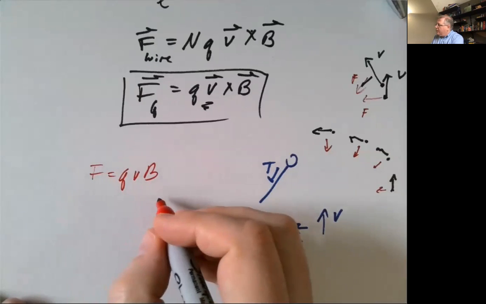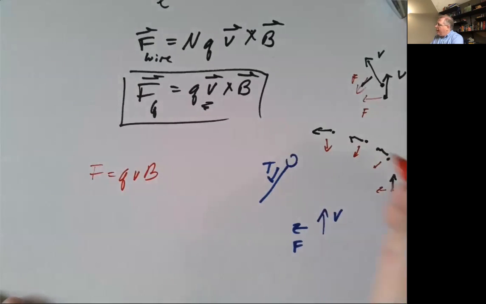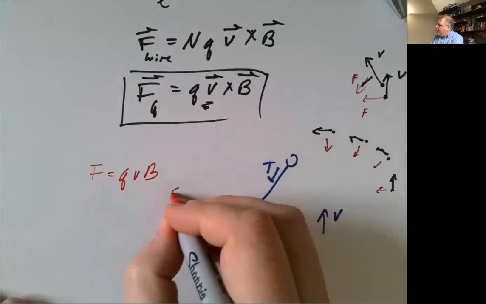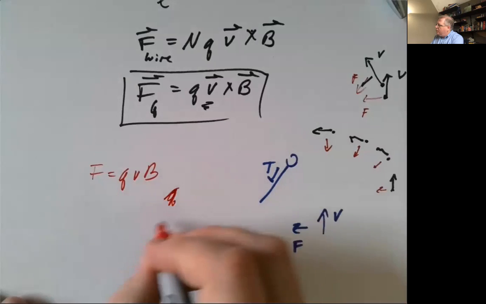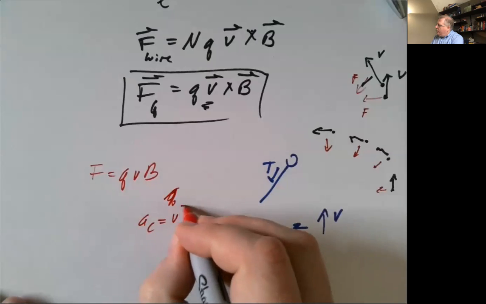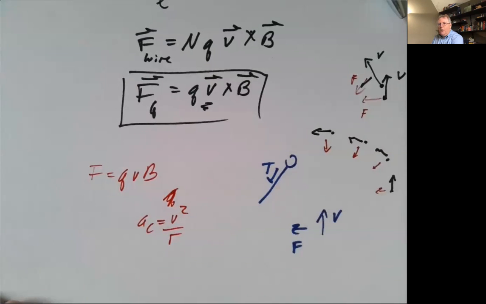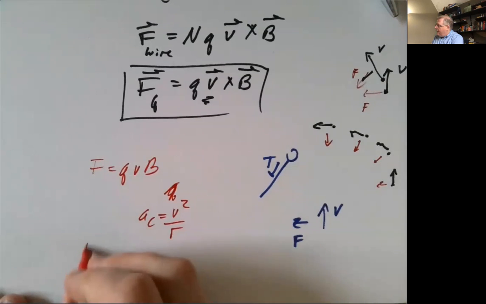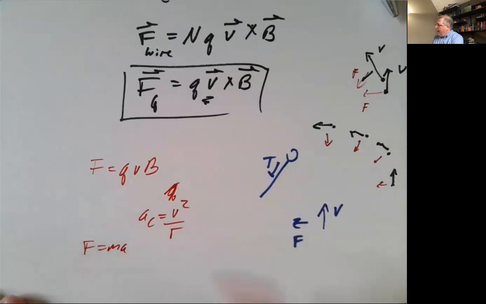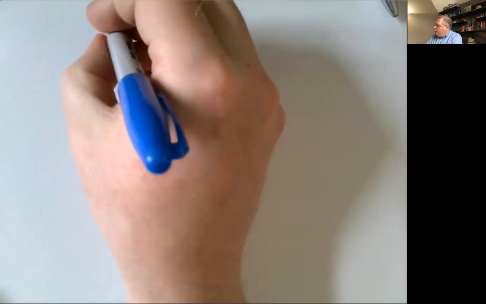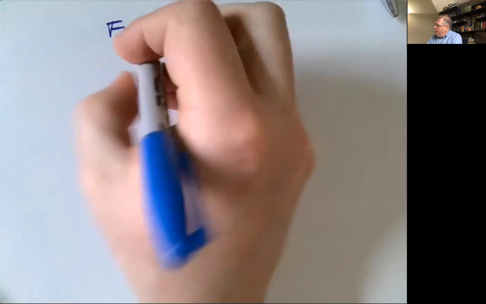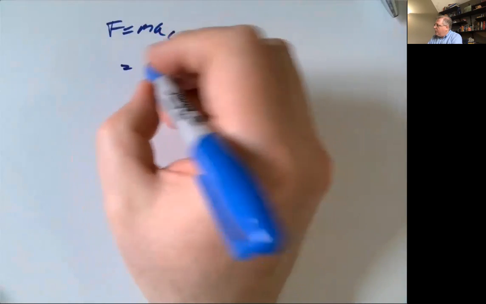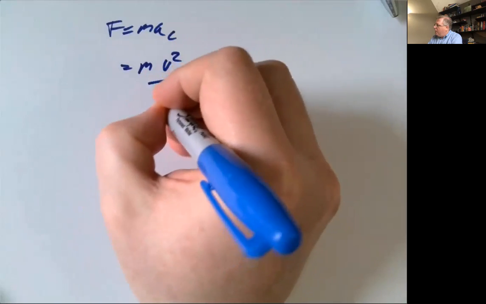If I have uniform circular motion, I have a centripetal acceleration, which is equal to v squared over r, where r is the radius of the circle. So we know that F equals ma, which in this case will be a centripetal acceleration, so that's mv squared over r.